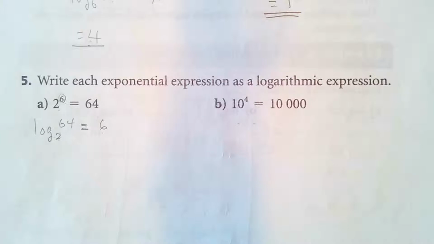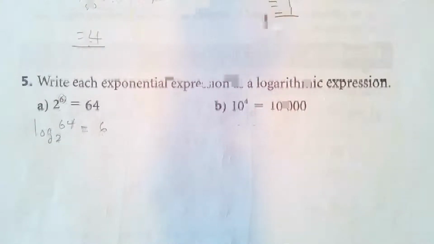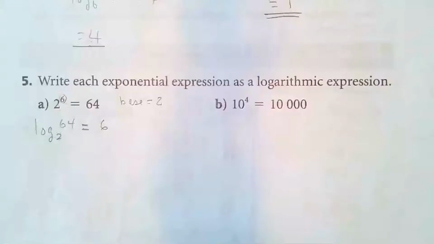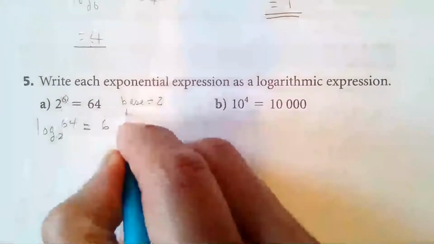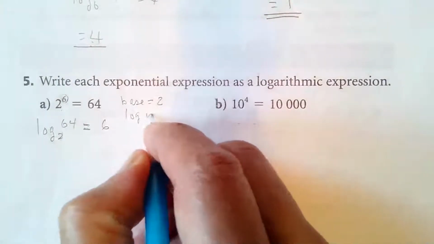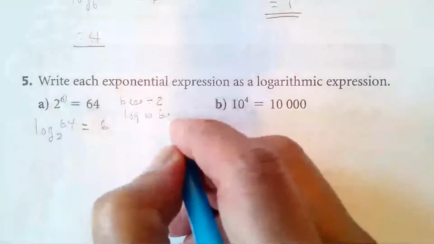So log base 2 of 64 is equal to 6. So the base is 2, and the log is 6 because it's the exponent.